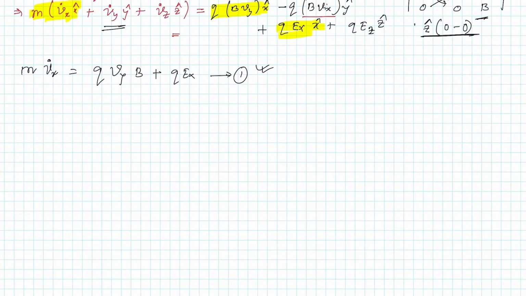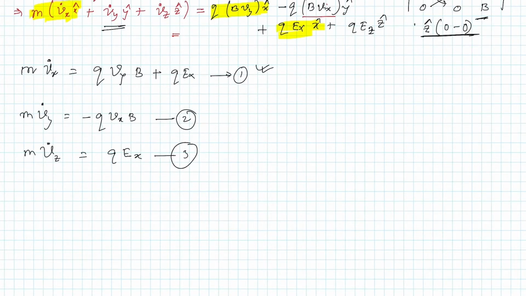Then similarly, comparing the Y components, we get m Vy dot is equal to minus Q Vx B. This is equation number 2, and m Vz dot is equal to Q Ex. This is equation number 3.